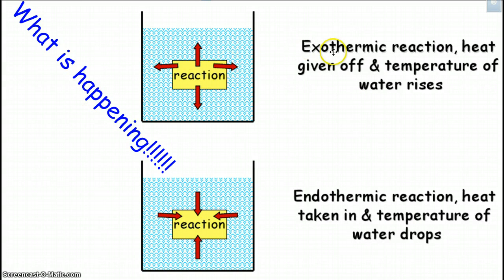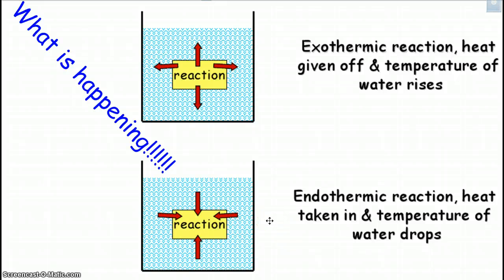So an exothermic reaction, heat is given off and the temperature of water rises. So if the reaction was placed into water, in an exothermic reaction, heat is given off. So the water surrounding that reaction is going to increase in temperature.